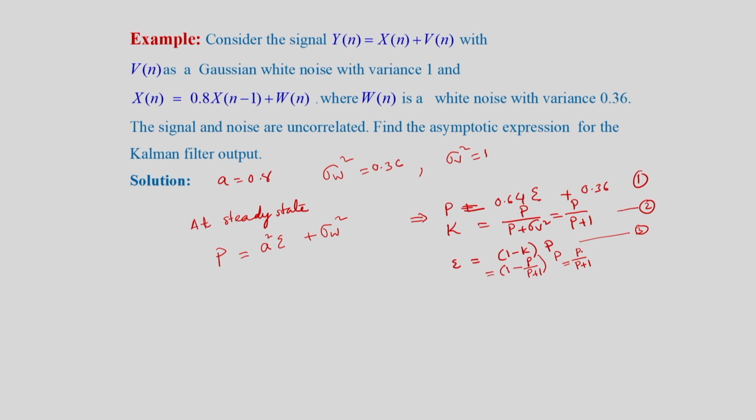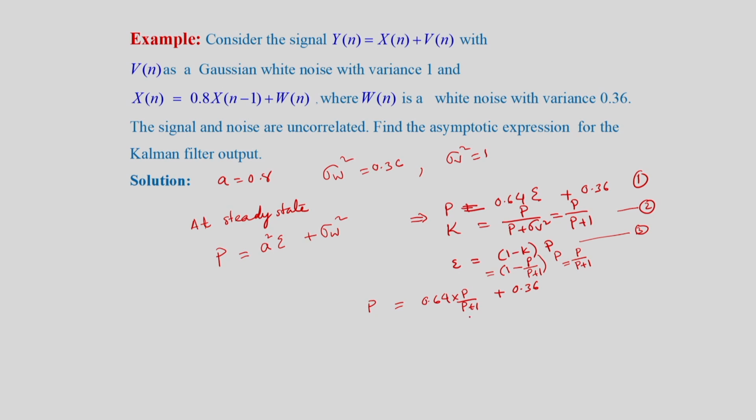Now if we substitute this value in equation 1, we get P is equal to 0.64 into P by P plus 1, plus 0.36.